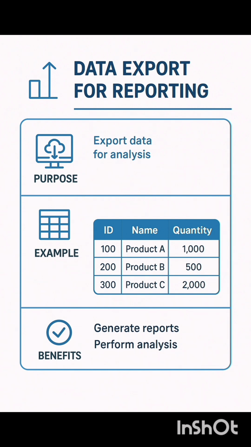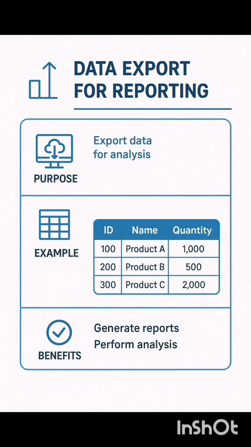For instance, you can export a list of materials with their quantities, plant codes, and valuation data, just like shown in this infographic. This helps you generate custom reports, perform trend analysis, and even share the data with finance or management teams for review. It's a simple but powerful way to convert SAP data into actionable business insights.